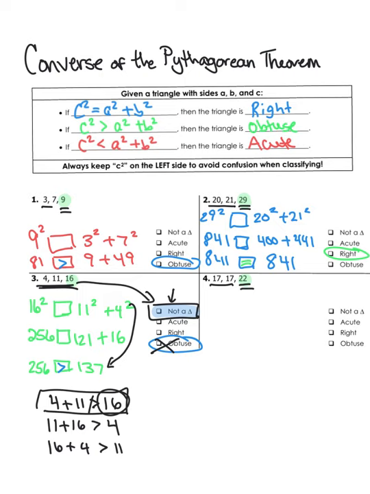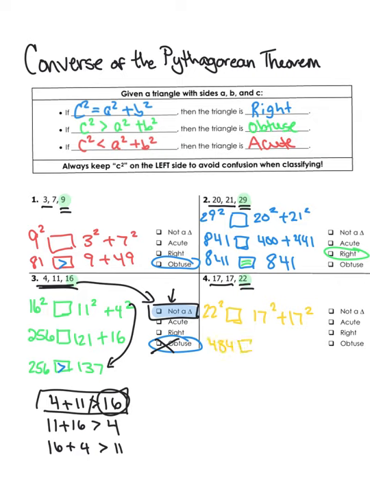We are going to go ahead and look at the last one. We do know it's a valid triangle. So I'm going to make sure I put the largest number first, so that I compare 22 squared with 17 squared plus 17 squared. So 22 squared is 484.